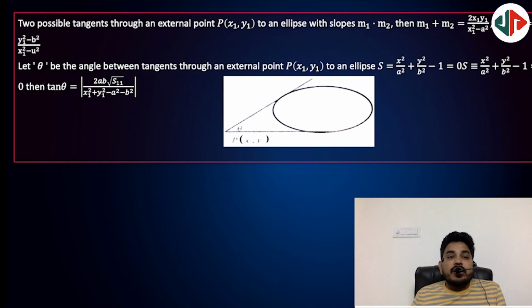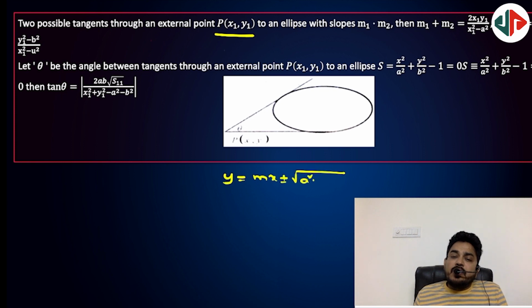Now, for two possible tangents from an external point x1, y1 to the ellipse with slopes m1 and m2, m1 plus m2 is equal to 2 x1 y1 by x1 square minus a square. How do you get this? Very simple. Take y is equal to mx plus or minus root over a square m square plus b square, passing through x1 y1.